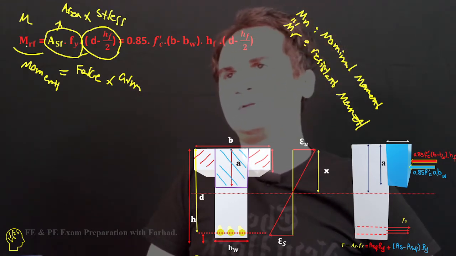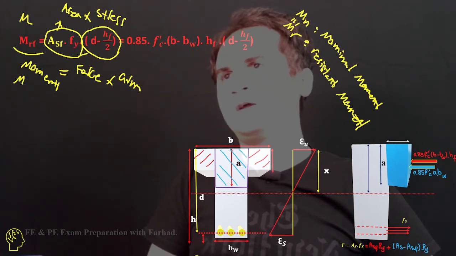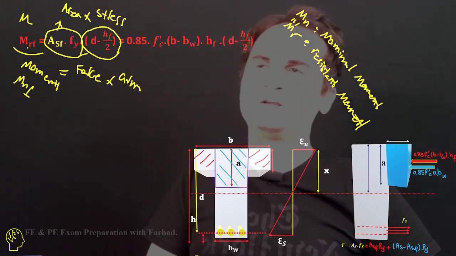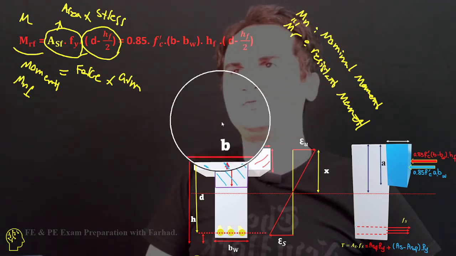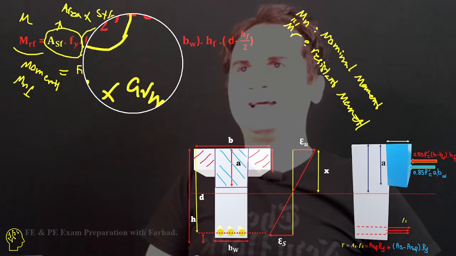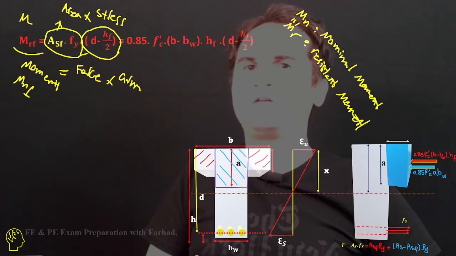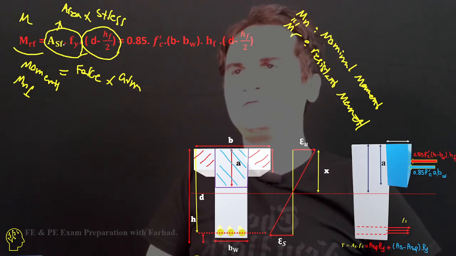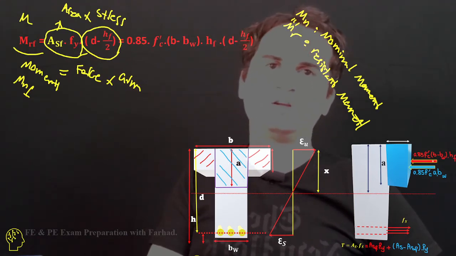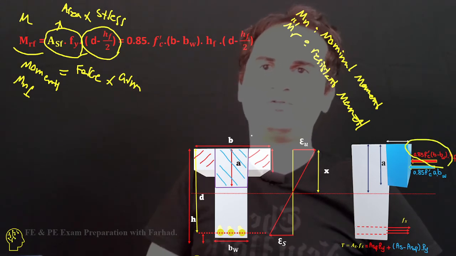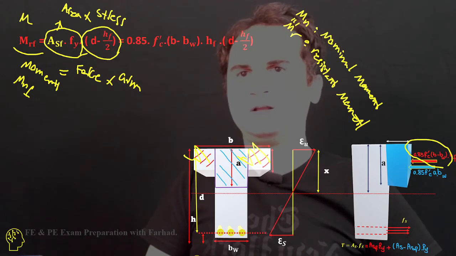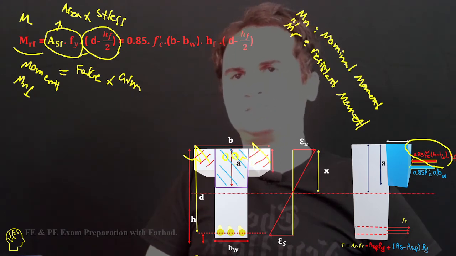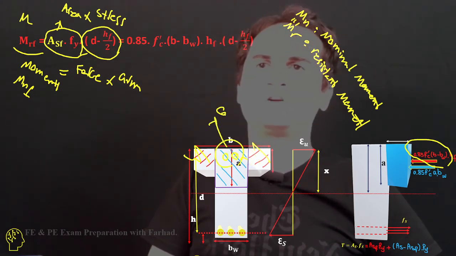For example, Mnf is the nominal moment related to the flange: the area of steel related to the flange, imagining it placed in these two parts as compression steel.